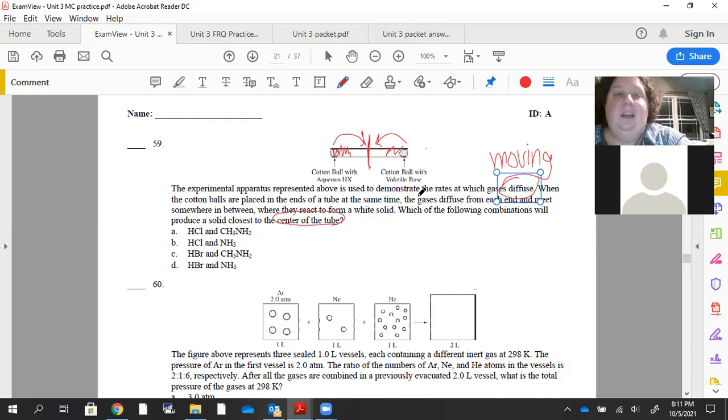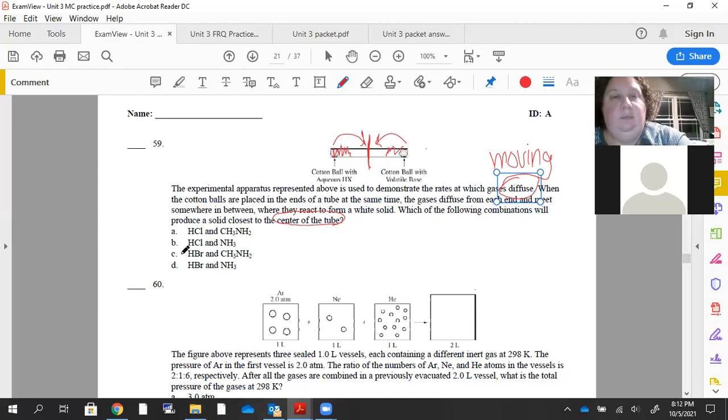And they didn't say anything about them having different temperatures, but we also want them to have close to the same molar mass. Remember that molar mass also controls how fast gases move. And so we want whichever combination gives us the closest, those two substances to have the same molar mass as each other.